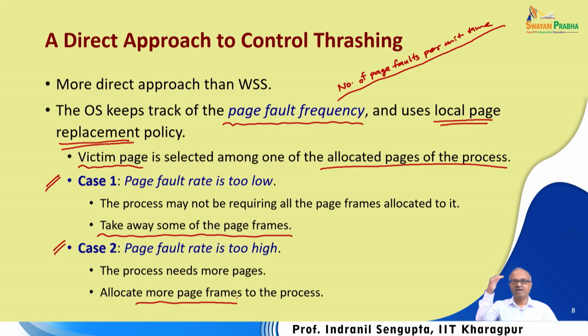You simply keep track of the page fault rate, maintain some thresholds. If it is below some threshold, take away some page frames from that process. If it is above some threshold, allocate some more page frames to that process. Okay. So, this works well, and many operating systems implement this kind of simple technique.